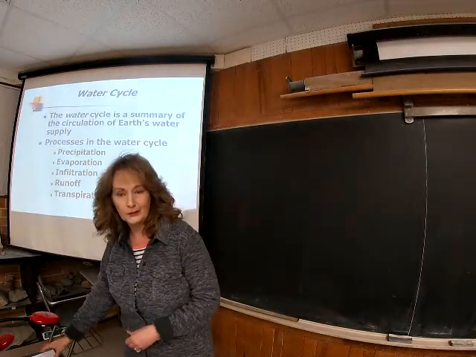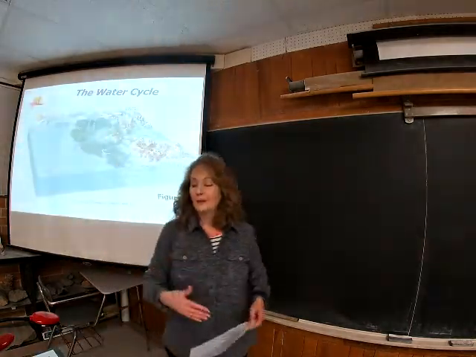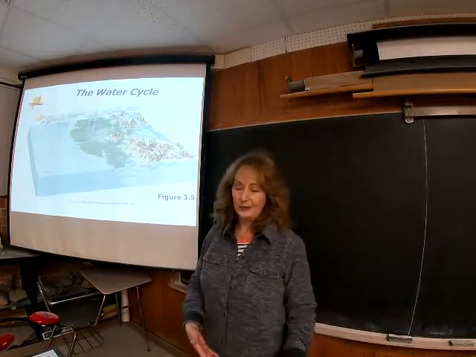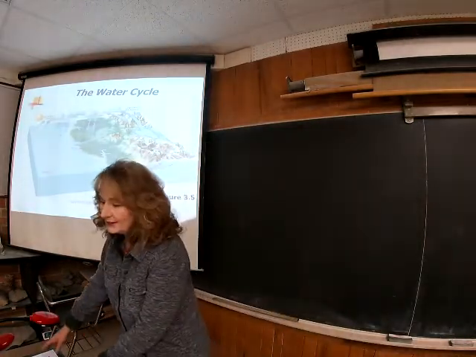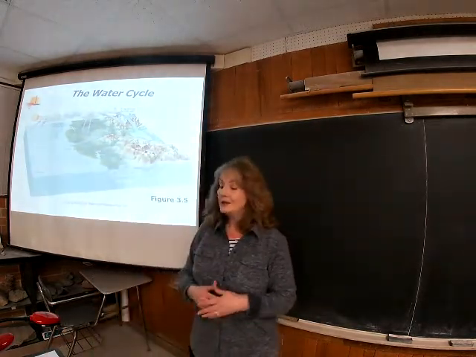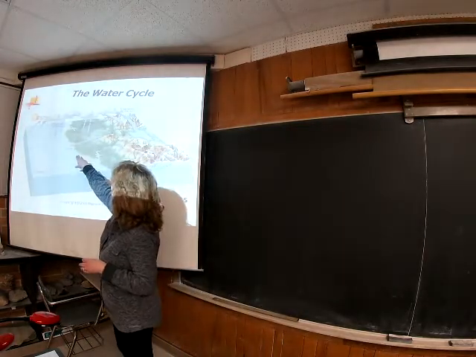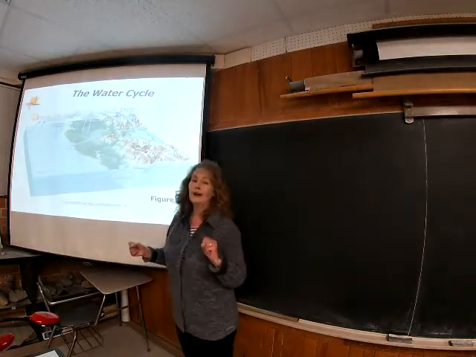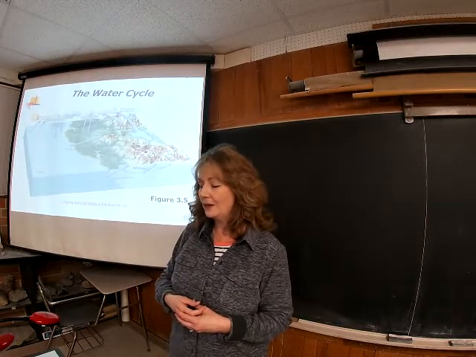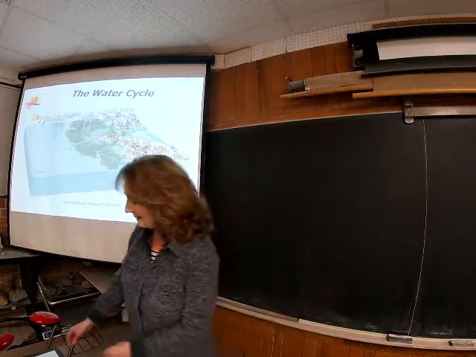All of those processes are part of that motion of water from the ocean to the atmosphere, back to the land, and ultimately back to the ocean. You'll see that on this diagram in your PowerPoint. You're not going to have to remember the amounts, the cubic kilometers, but we want you to remember the processes in the hydrologic cycle.